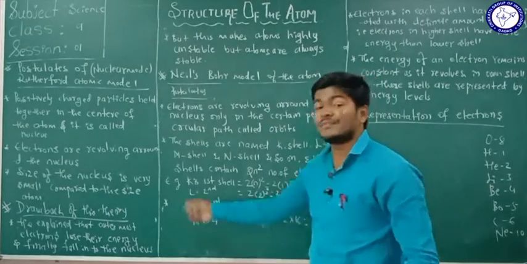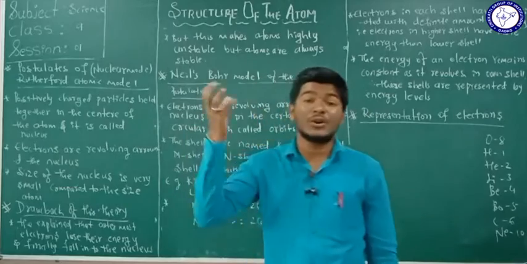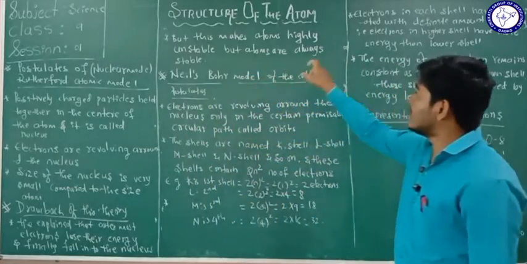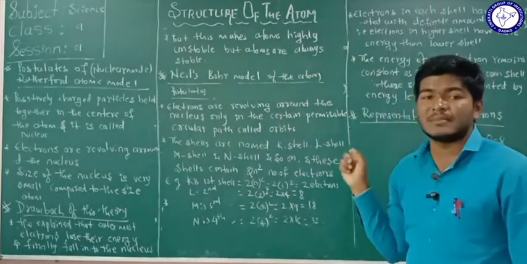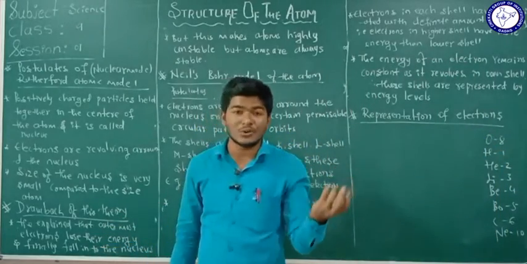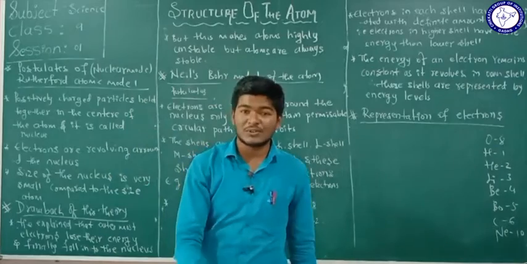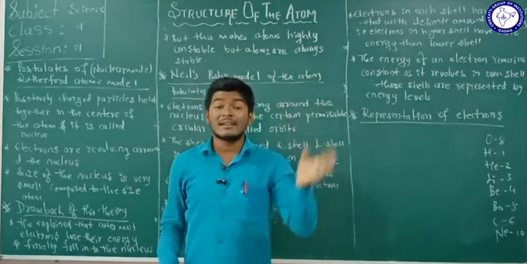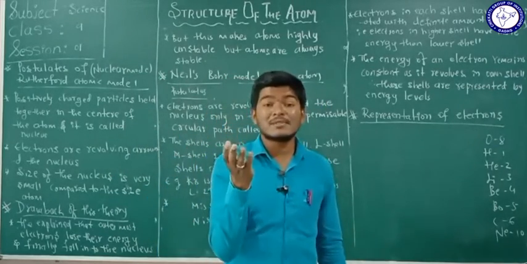But if this happens, it makes atoms highly unstable. If the electrons lose their energy and fall into the nucleus, then that condition makes atoms not stable.